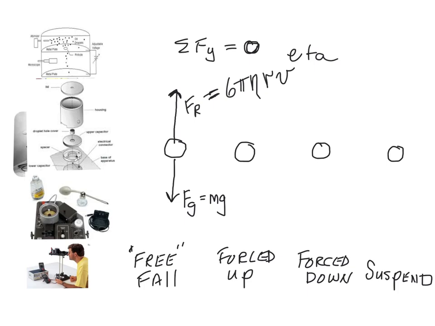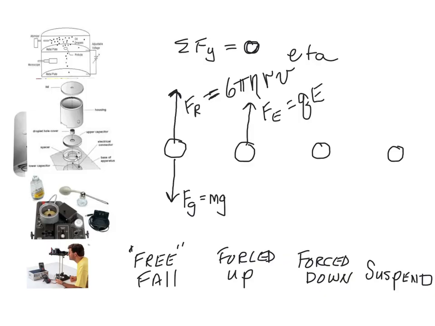Okay, the second drop, the one that's forced up. So what's making it go up is the force on the drop caused by the plates. That's an electric force. It's the charge times the field.